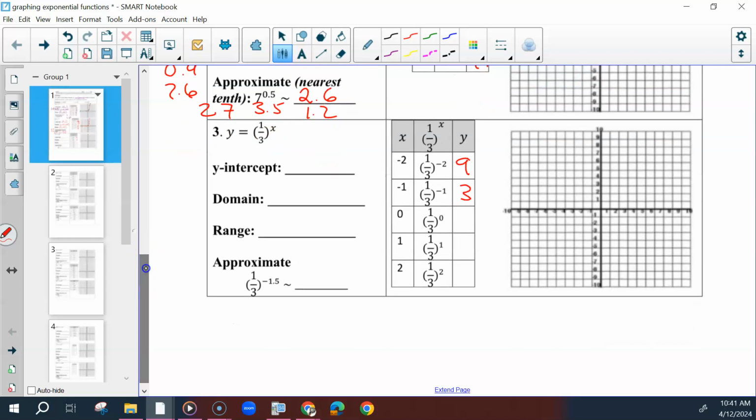1/3 to the 0. What's the pattern? We're dividing by 3. So then 1/3 to the first should be 1/3. 1/3 squared should be 1/9. Graph those points.